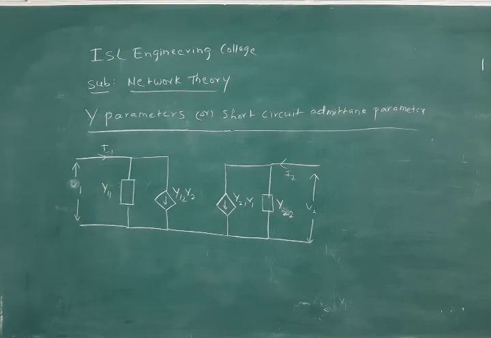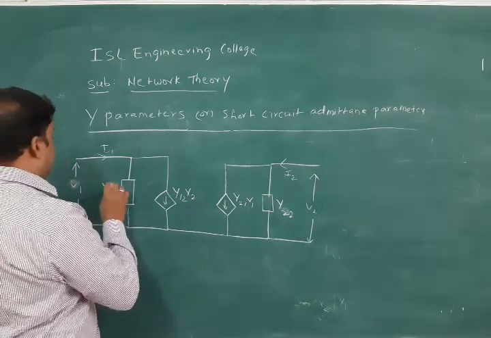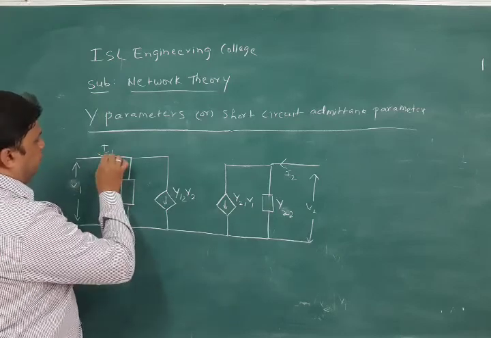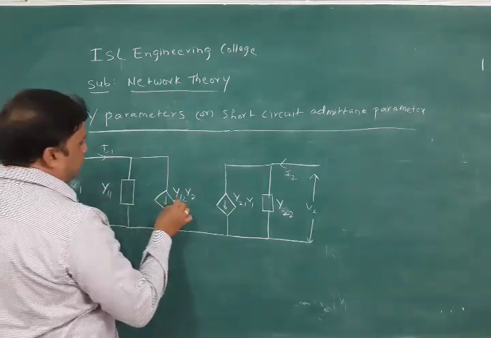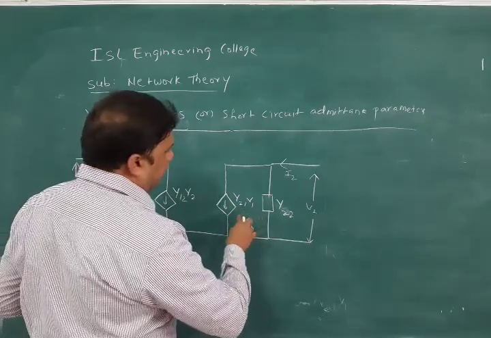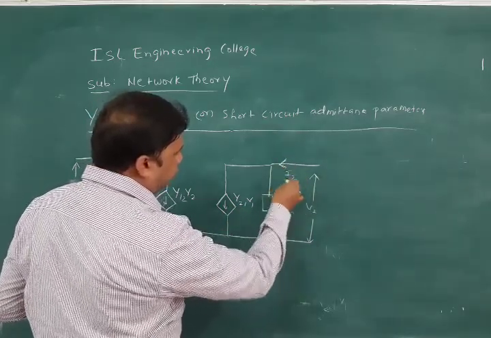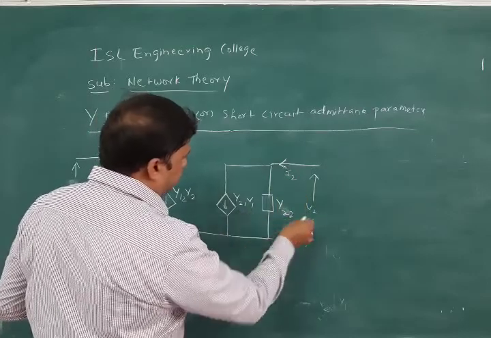So if you see the circuit diagram, I1 is equal to Y11 into V1 plus Y12 into V2, and therefore you will write here I2 is equal to Y21 into V1 plus Y22 into V2.